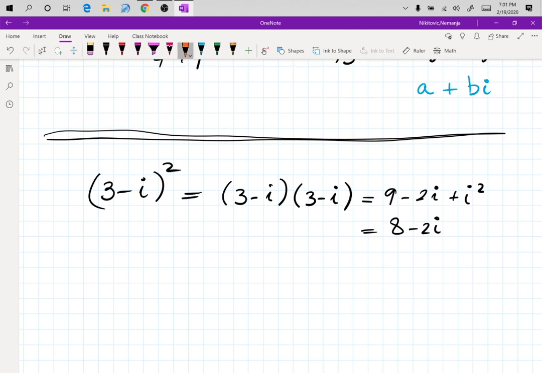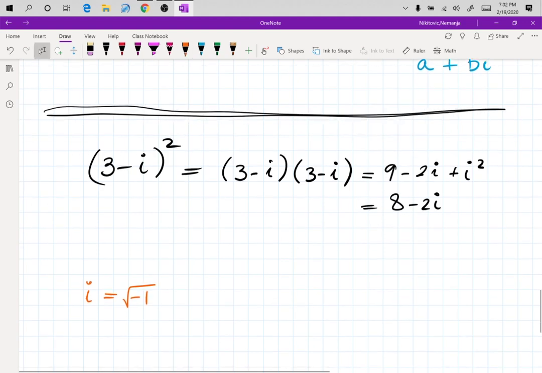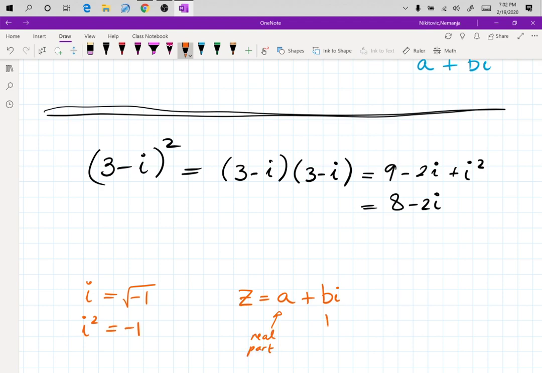So one more time, we are going to remember that i is the square root of negative 1. i squared is negative 1. Complex number z is defined as a plus bi. We have the real part. We have the imaginary part.